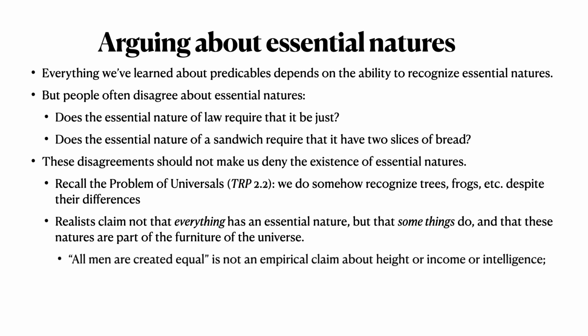This is what allows us to say things like all men are created equal as an eternal truth, and not as an empirical claim about height or income or intelligence. It's because we think that there is an essential nature to humans, that they have a human dignity, namely that they're made in the image of God. And it is the belief in that essential nature that allows us to make statements about them that we think are not open to question, that we think are part of, as I say, the furniture of the universe.